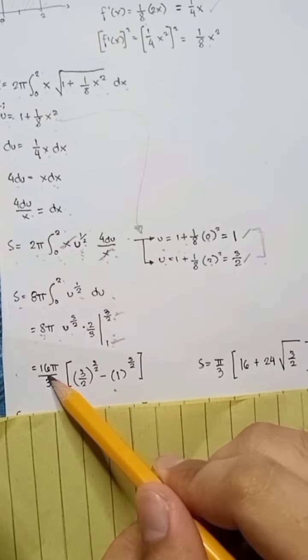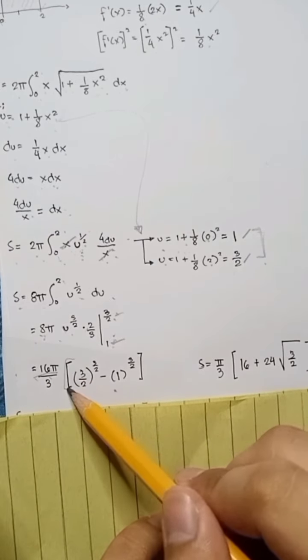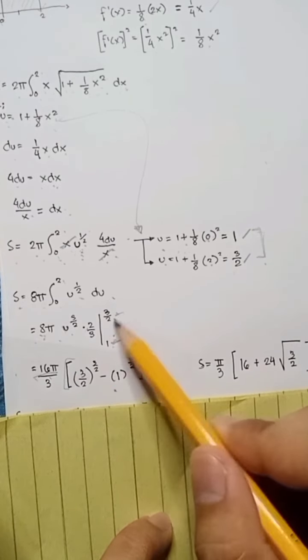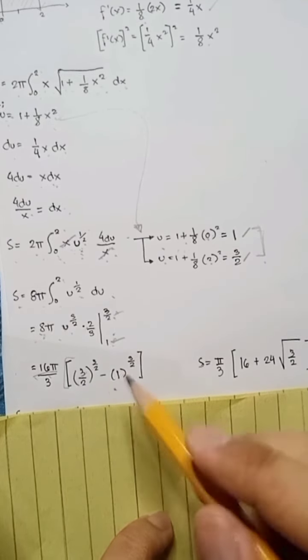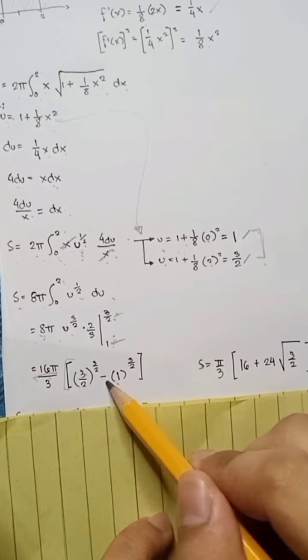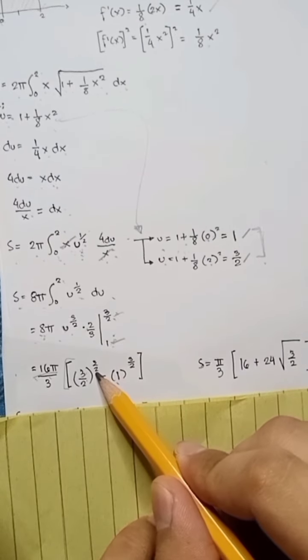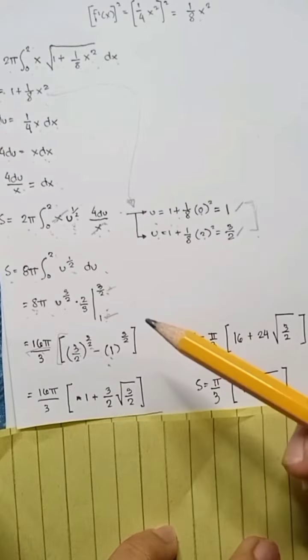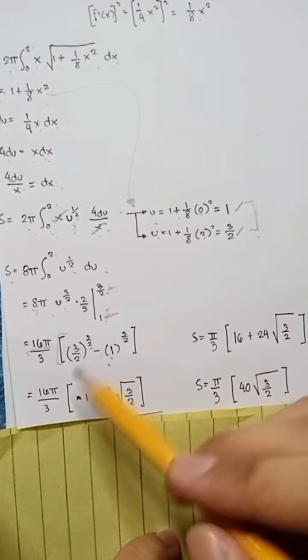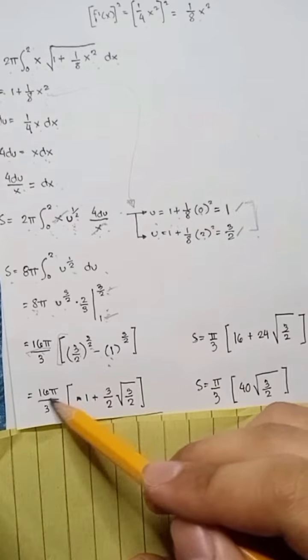So, 8 times 2, 16 pi over 3 times, unang value natin is 3/2 or unahin natin yung 1 kasi mas malaki yung 1, nagkamali lang. So, 1 minus 3/2 raised to 3/2. So, solve natin sa calculator para mas madali or para hindi na kayo mahirapan.